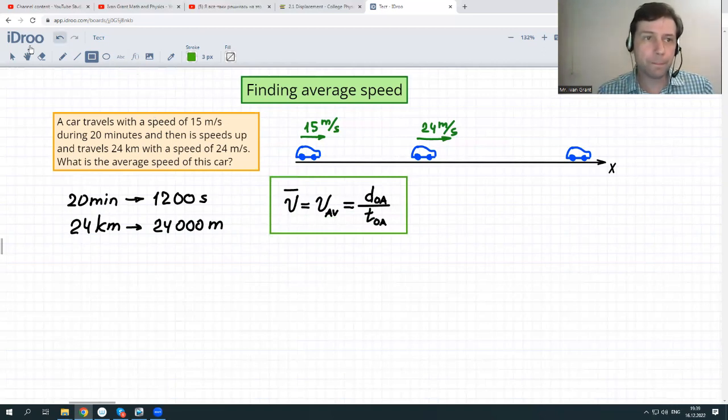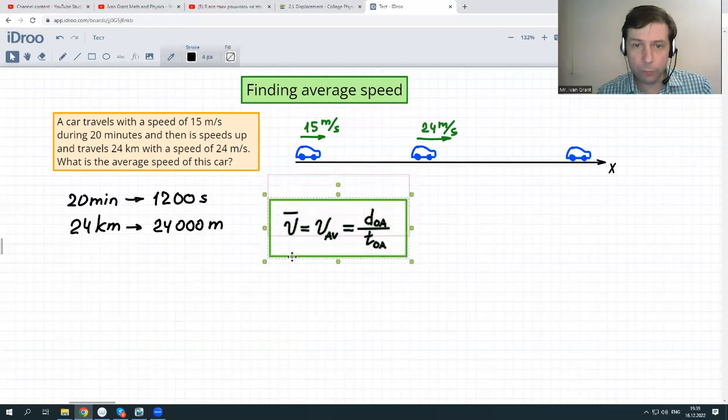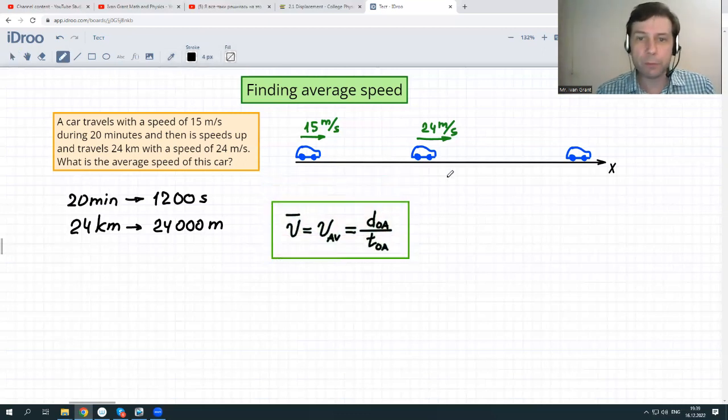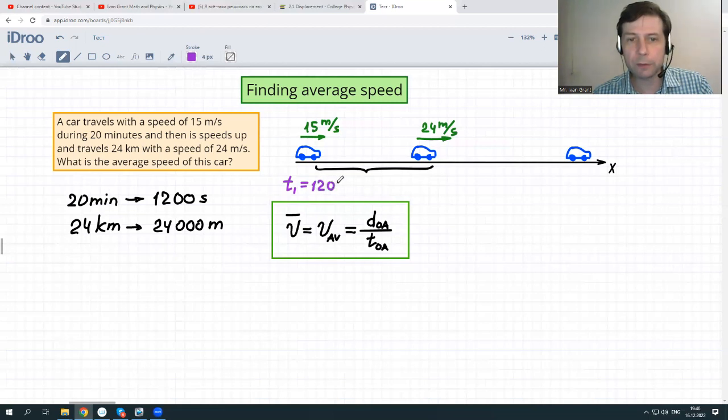Okay. Now, let us put the basic formula into a frame like that. And let us add something to this picture. Now, we know that the first distance traveled, distance is also scalar, just the length of this interval. It is not mentioned yet, but we know about 20 minutes. Let me write here that we have, let's say, T1, the first period of time, 1200 seconds.